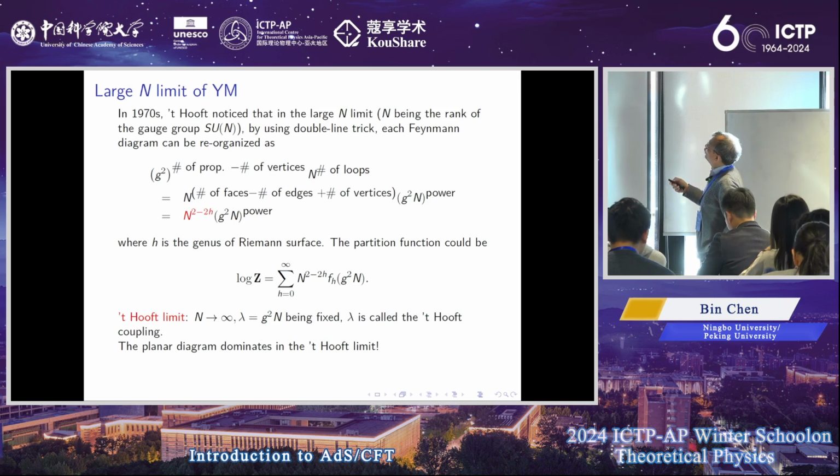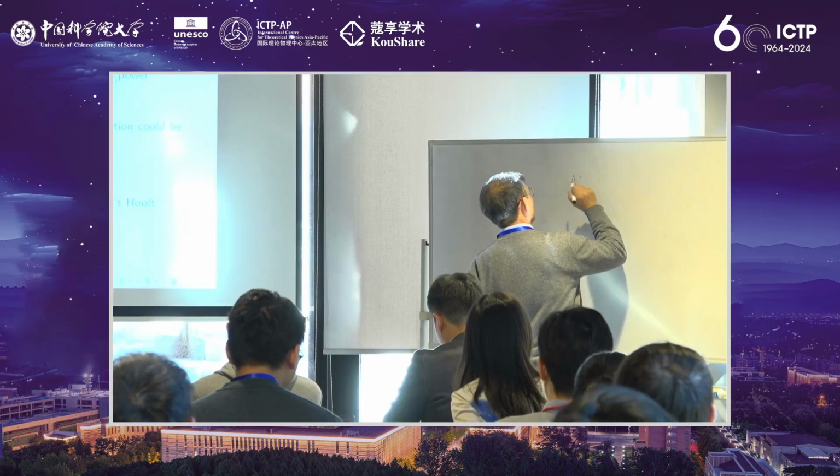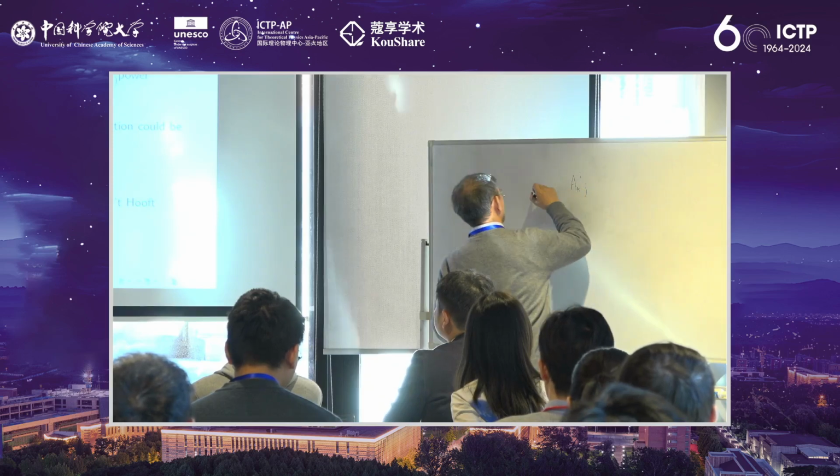We consider pure Yang-Mills, where the gauge field is in the adjoint representation. The adjoint representation can be realized by a double line. So you have these two indices, more precisely, A mu ij.